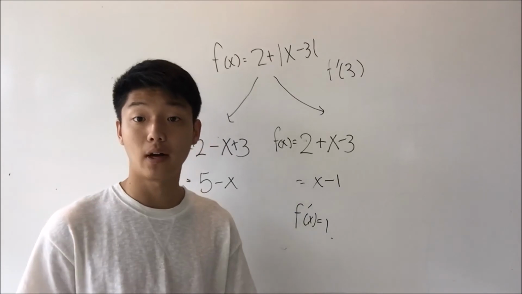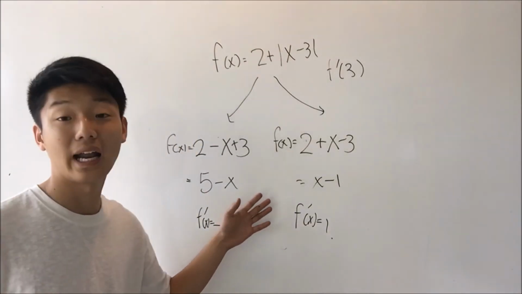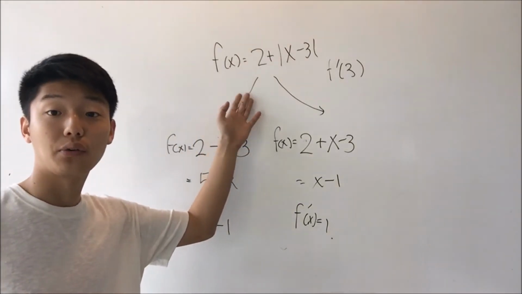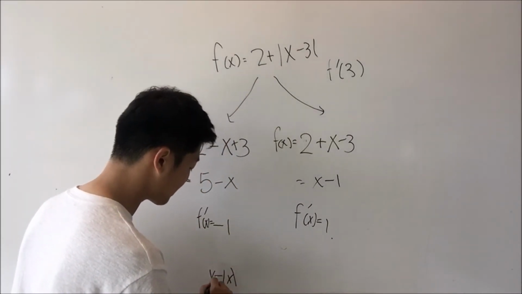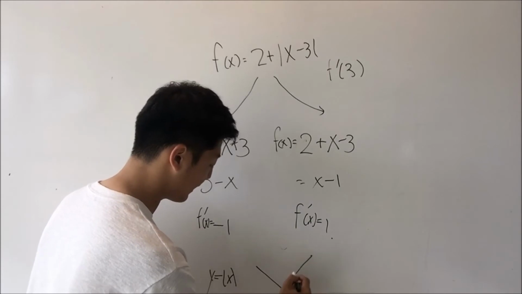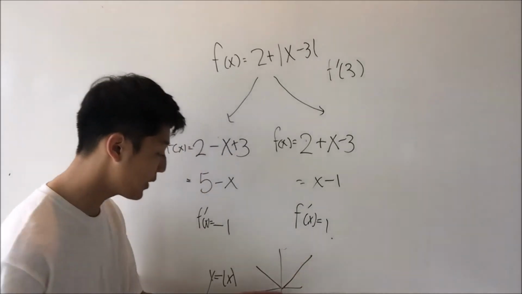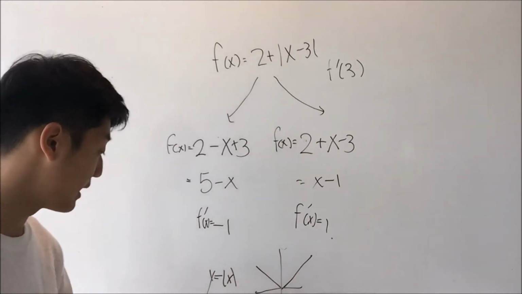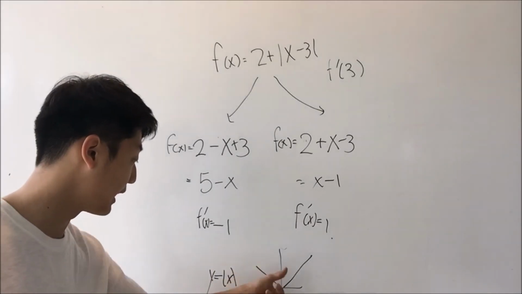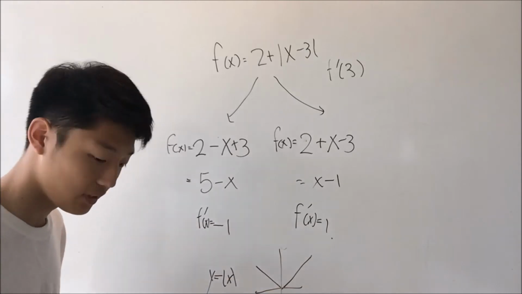If you're unsure about how to graph this and where I got this from, try to graph this first. You know, absolute value, I'll just graph y equal to absolute value x. This looks like that, right? That's why it changes its slope from negative 1 to positive 1.